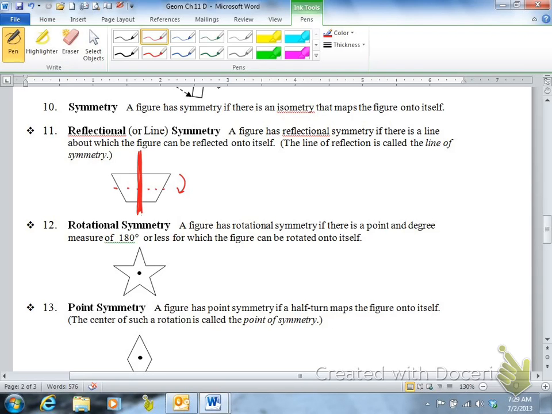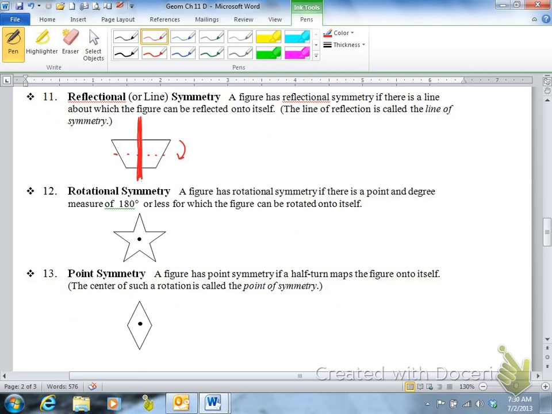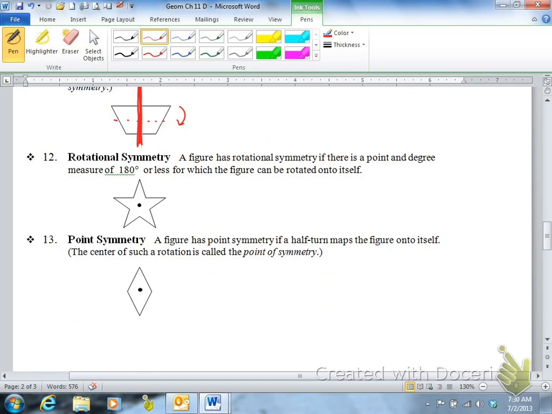The only line of symmetry would be this line right here. So that's reflectional symmetry. Rotational symmetry: a figure has rotational symmetry if there is a point and degree measure of 180 degrees or less for which the figure can be rotated onto itself. It's important that it's 180 degrees or less, because you don't want 360 degrees: every image rotated 360 degrees, a complete circle, would have rotational symmetry.